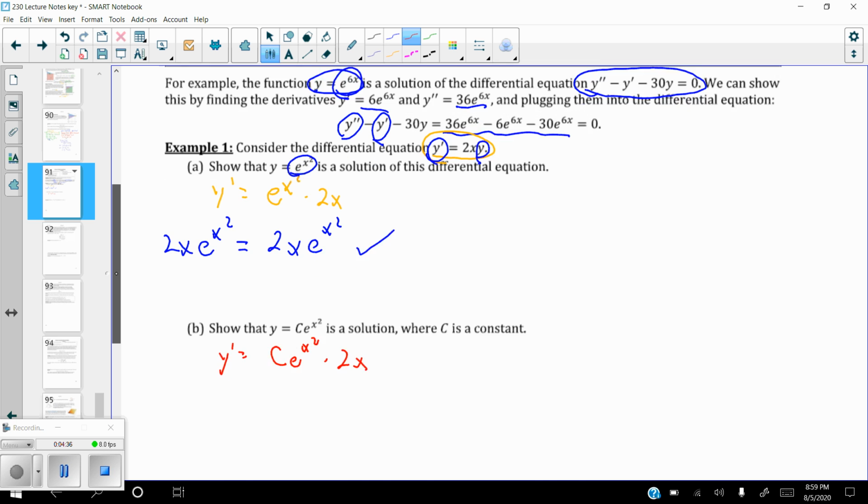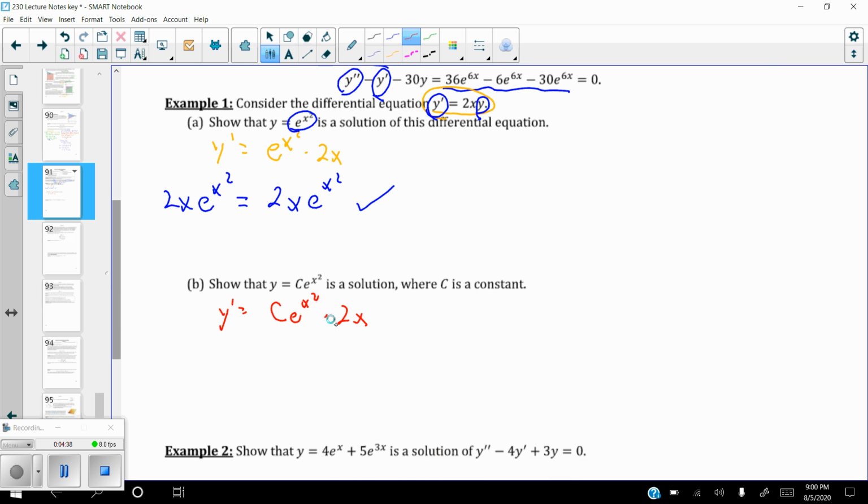So we're going to go ahead and plug that in. That's y prime, so it's going to go on the left of my equation. So I get 2x c e to the x squared equals, and then on the right side I get 2x, and then y was c e to the x squared. Once again, those two things are exactly the same. Done. We've proved it.